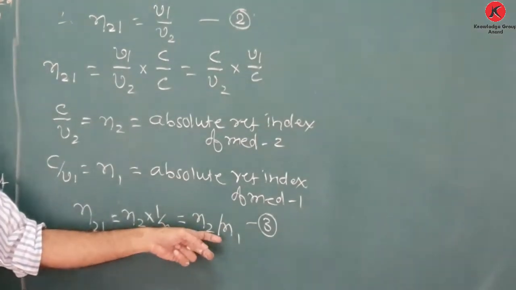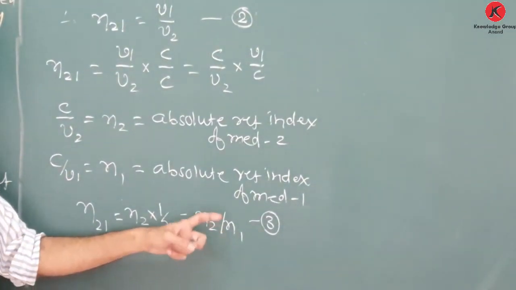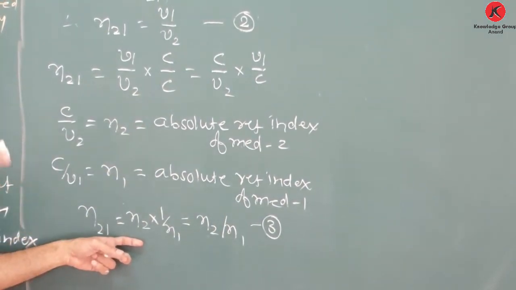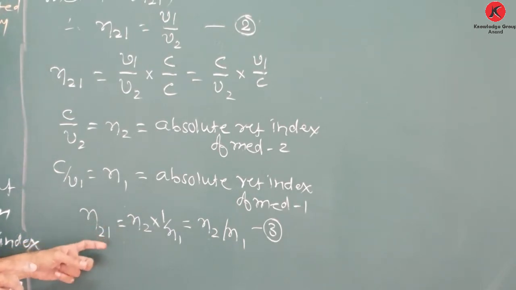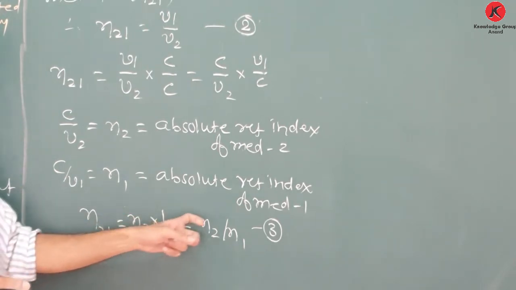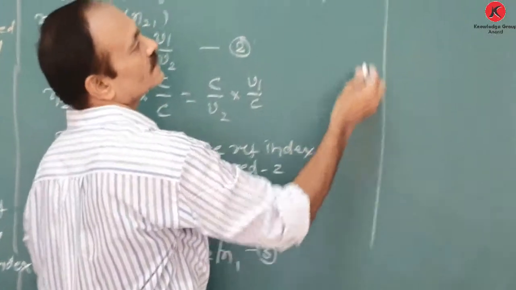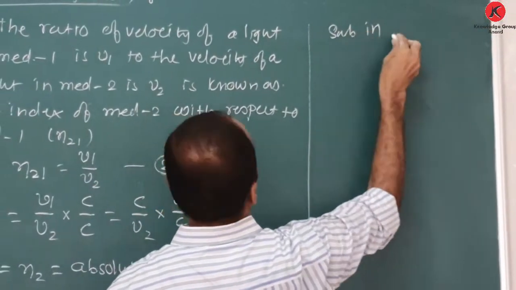Now we substitute this equation in the statement of Snell's law. Earlier we have written the statement of Snell's law as sin i upon sin r is equal to n21, but n21 is equal to n2 upon n1. Therefore, substitute in equation 1.